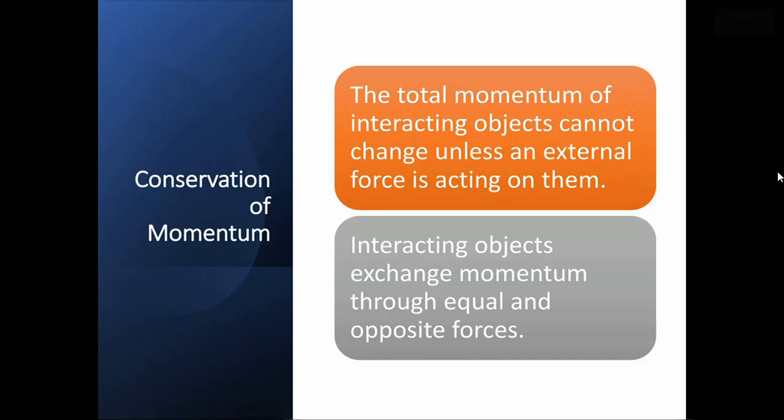The first conservation law that we'll talk about is conservation of momentum. Last class we saw momentum was the mass of an object times its velocity. As a consequence of Newton's second law, if there's no external forces acting on an object, then its momentum has to be conserved.